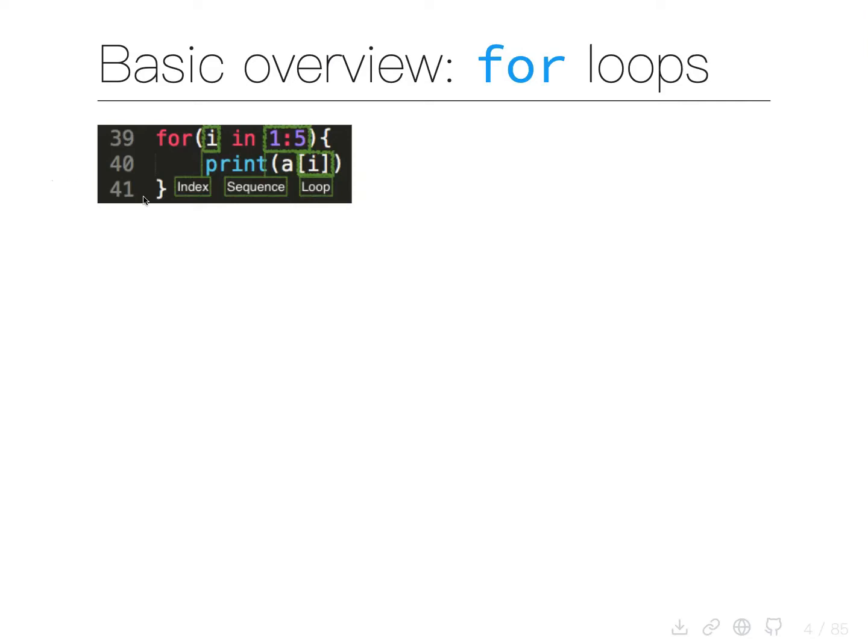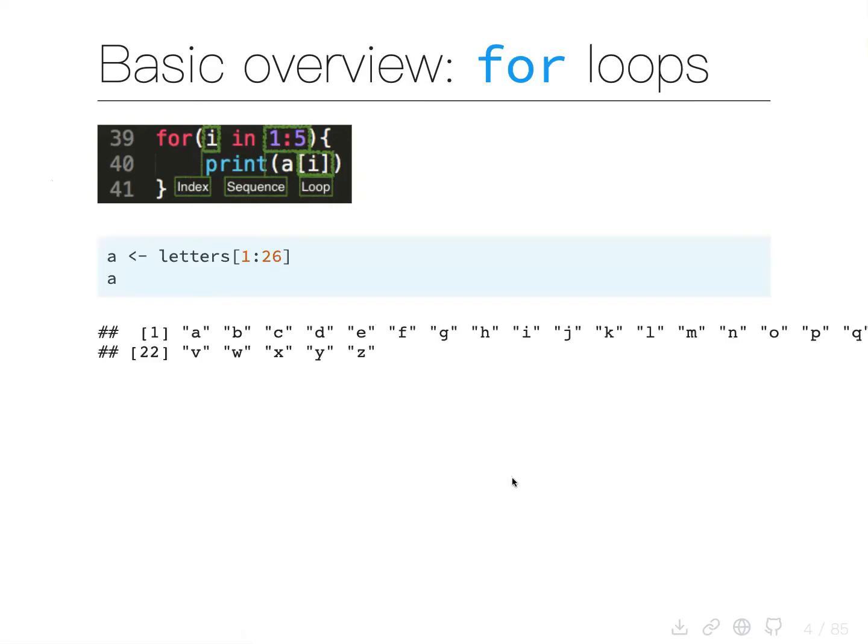And then you'd say print, and in this case, we're printing each element of some vector A each time. Okay, so let's look at how this actually works. This is the for loop for what we're going to do here. And you can feel free to follow along. I'm not going to move super fast through this first part, so you should be able to follow along pretty easily, but you don't have to if you don't want.